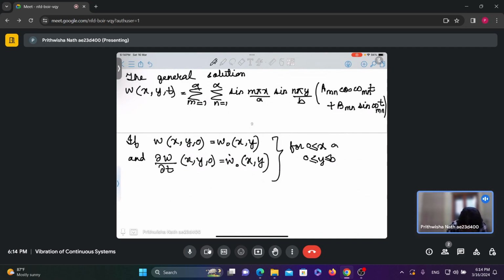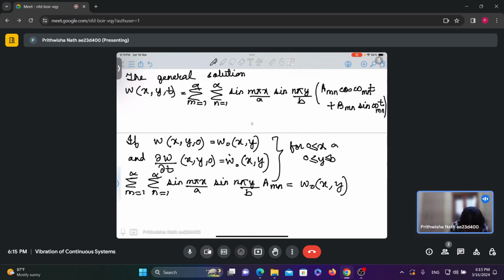So what we will get is sine of m pi x by a, sine of n pi y by b, into amn will be equal to w naught x comma y.